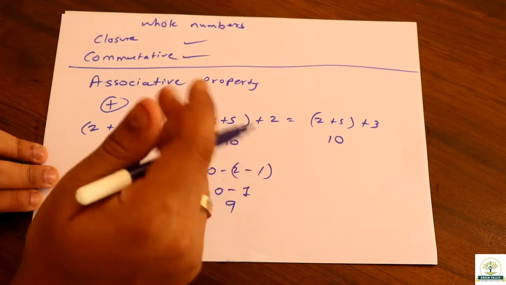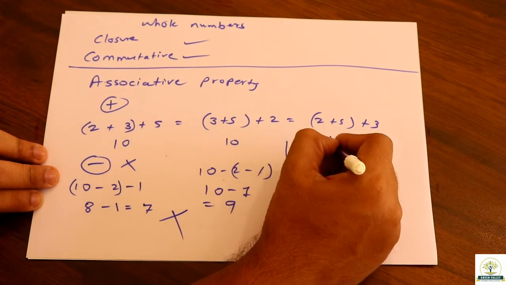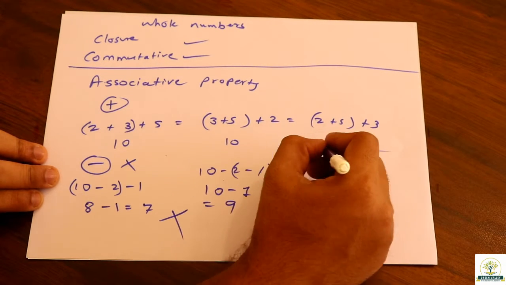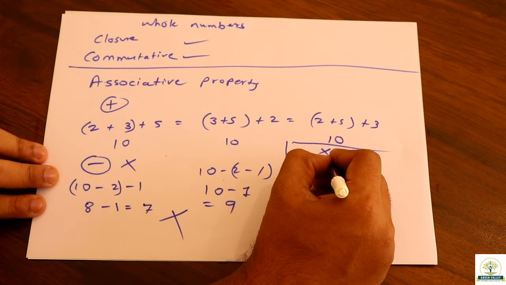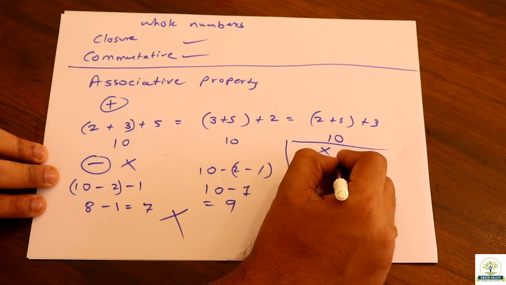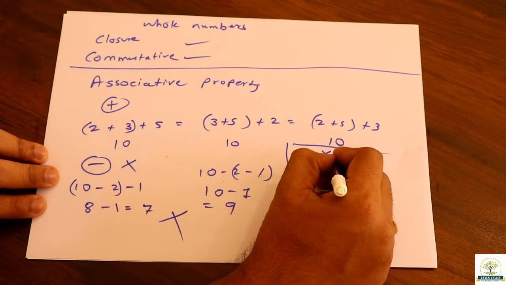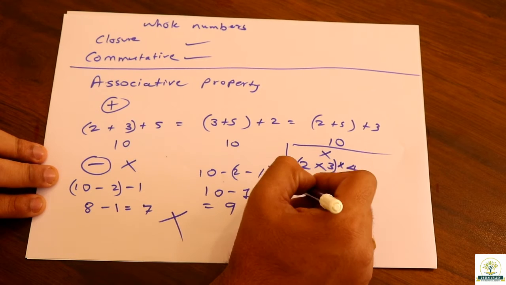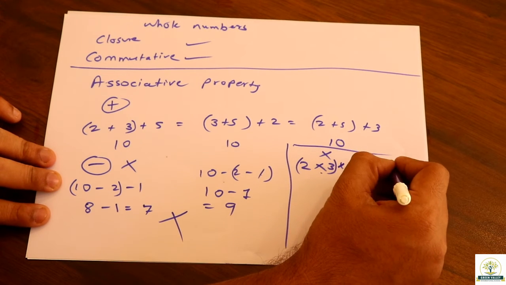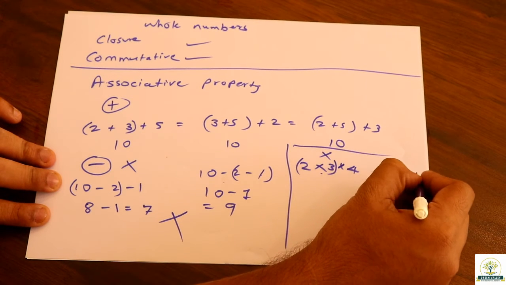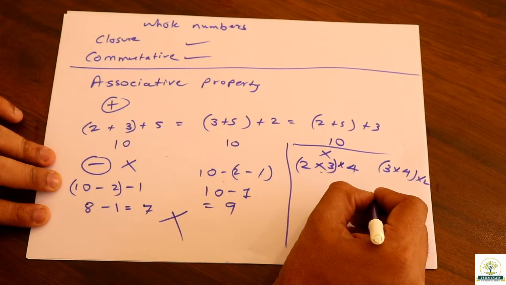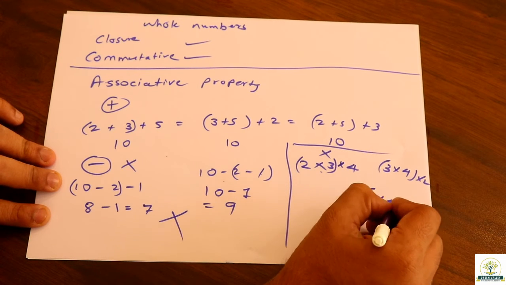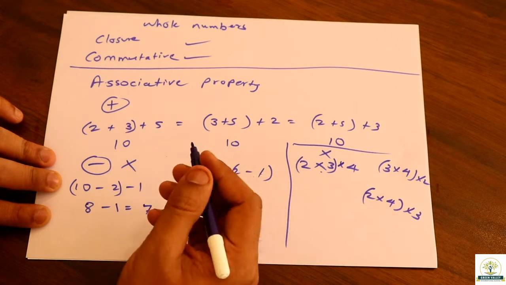Okay. Let us check for multiplication. Suppose there are 3 numbers 2, 3 and 4. If I multiply the first two numbers and then multiply 4 with them, or if I multiply 3 and 4 first and then multiply 2, or if I multiply 2 and 4 first and then multiply 3, the answer will be the same for all the cases.